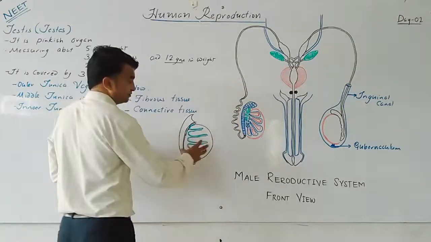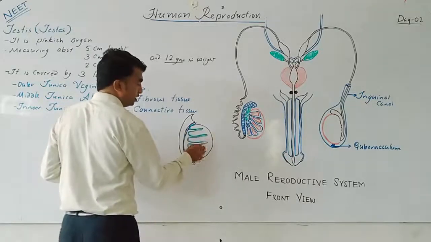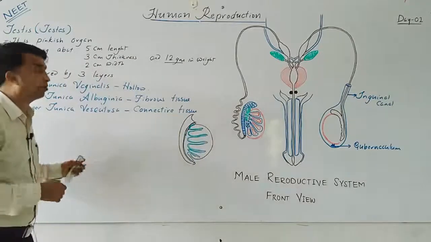So the simple testis is divided into almost 200 to 300 small chamber-like structures. This is nothing but the testicular lobules.